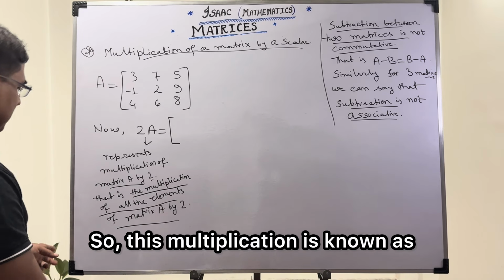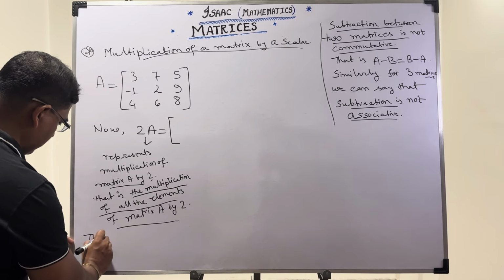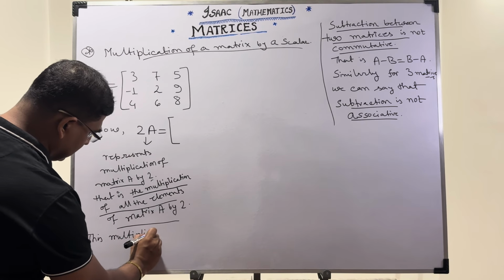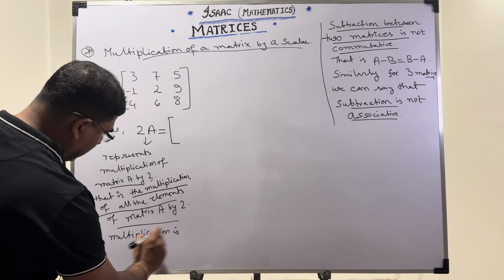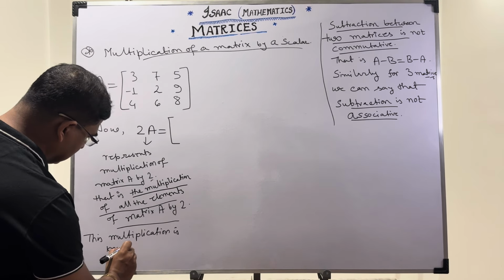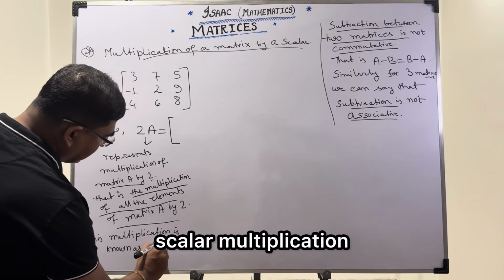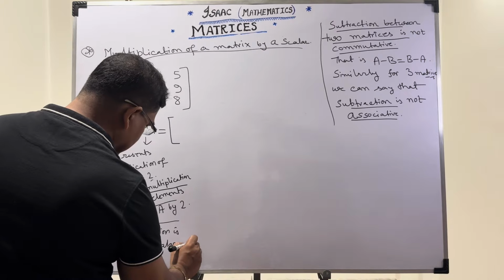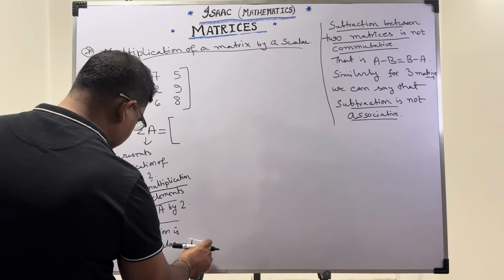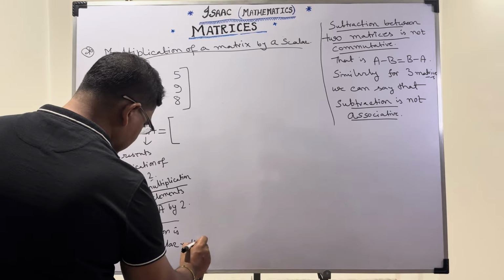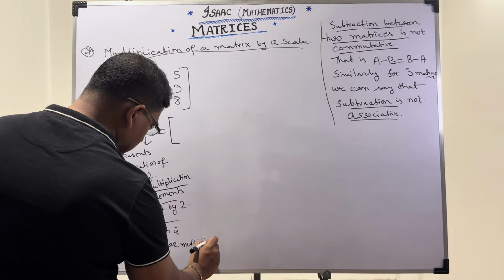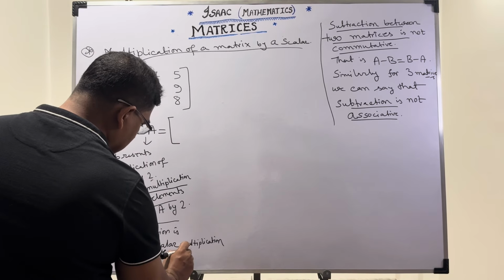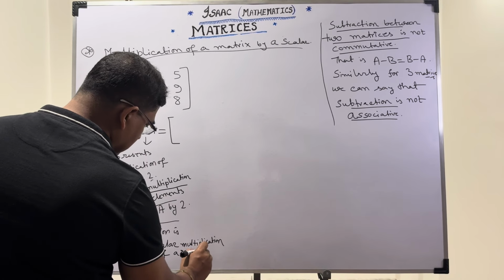So this multiplication is known as scalar multiplication of a matrix.